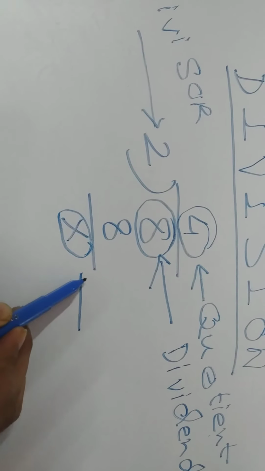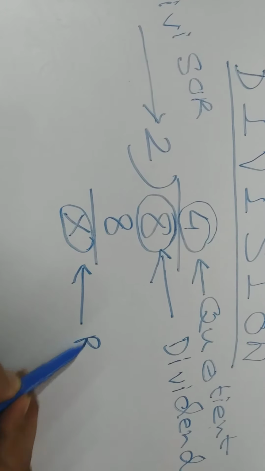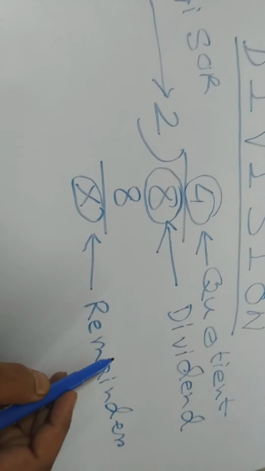So this is what we call the remainder. In this case, it is a cross or 0, but we will soon find some examples where there are some numbers here which are not 0 or a cross, some numbers which we term the remainder.